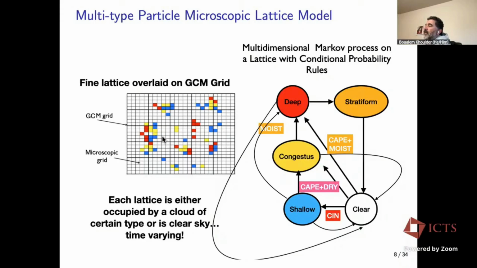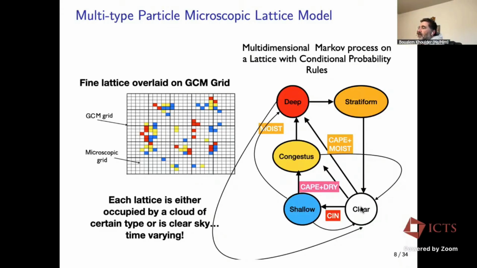And then on the fine lattice basically sits this stochastic model. You can think of them as particles of some sort that occupy these small sites. And then they would change color depending on whether they represent a congestus cloud or a deep cloud or a stratiform cloud. And then you transition from one cloud type to another.